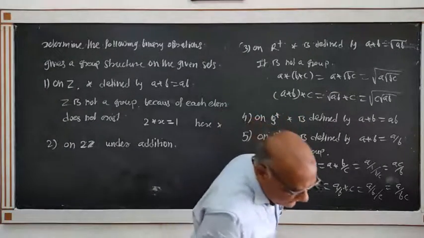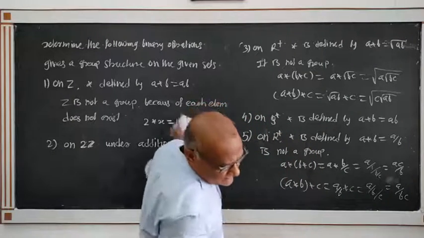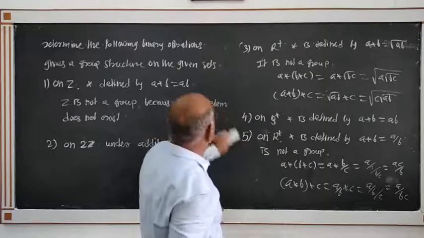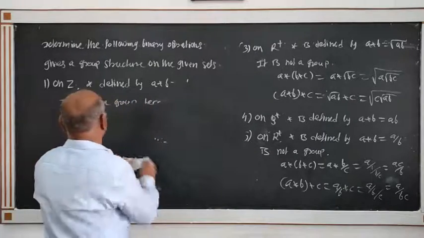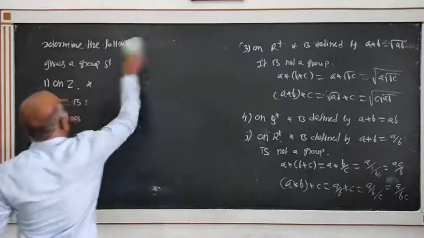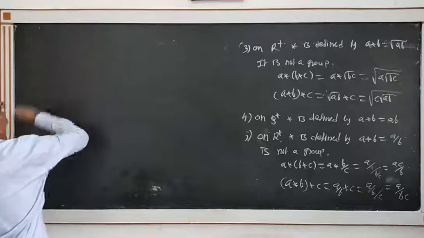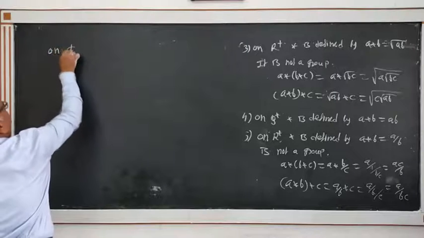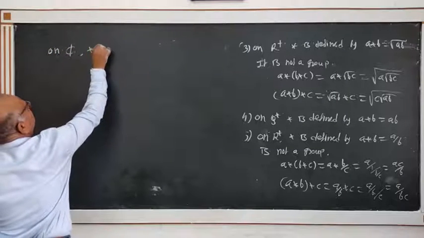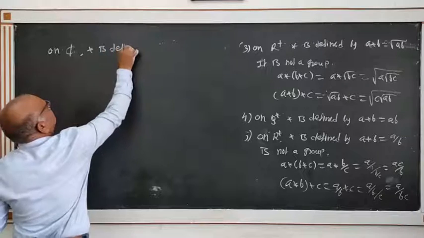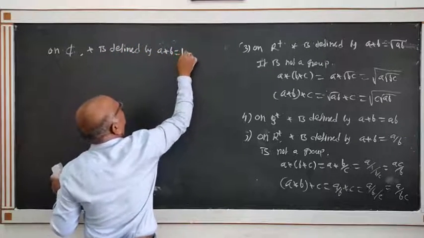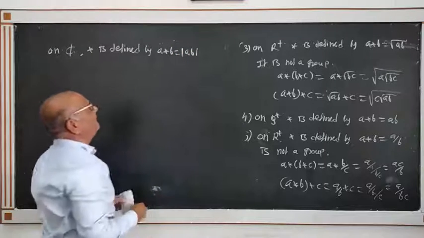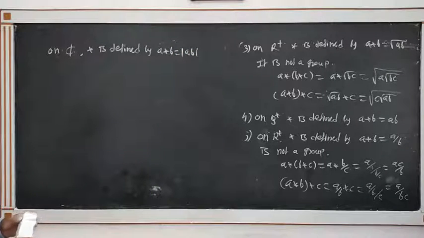Now, next example, on the set of complex numbers, star is defined by a * b is equal to mod of ab.